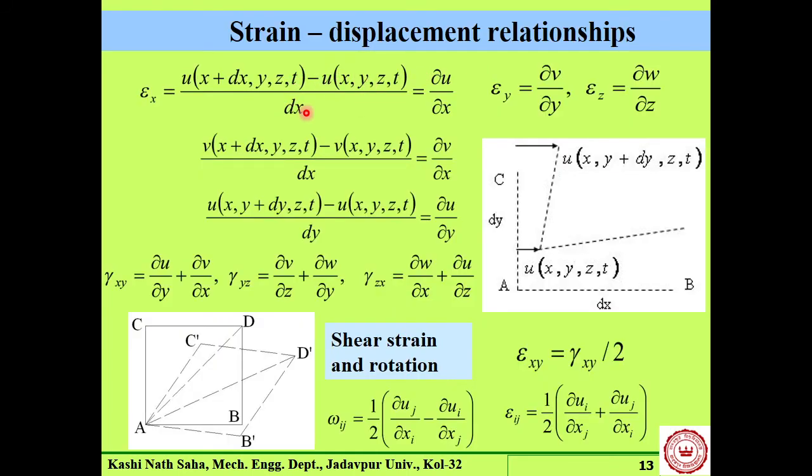This del u del x means we are getting the u field at x plus dx, with y and z coordinates remaining the same. So this is along x.